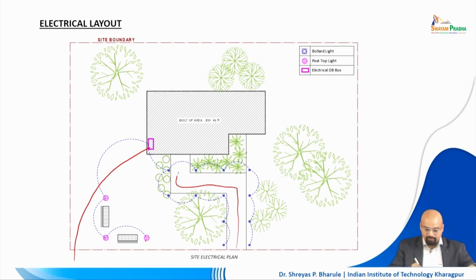So the way people will approach, you will have bollard lights on both sides. So all the blue spots which you see are basically bollard lights to direct the people to the correct path to the entrance of your particular building, right? And along with that you have some sitting area in two places. Then you might also have a post light all around that to illuminate that particular area, right? So that's all about the electrical layout, how you will be doing the electrical layout, particularly at the site level.